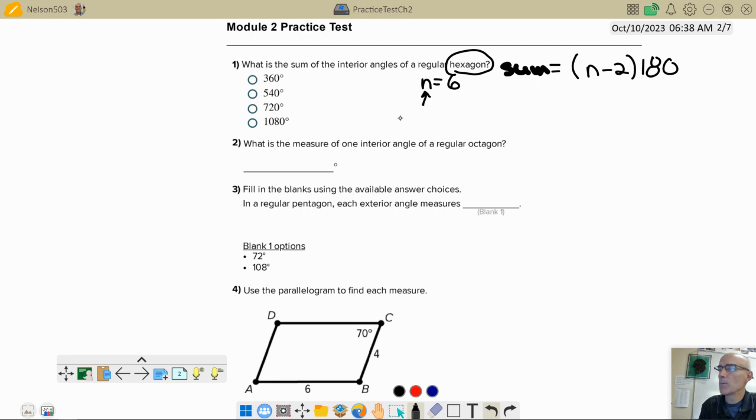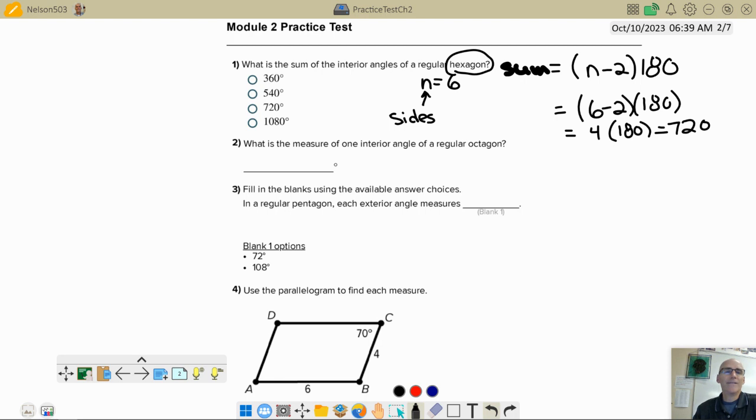N stands for the number of sides, okay? And so I'm going to replace n with 6. I get 6 minus 2 times 180. That's 4 times 180. And that, I think, is 720. Correct me if you know something different about that arithmetic.